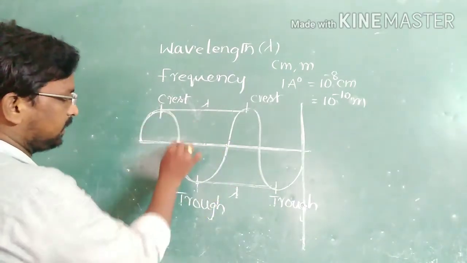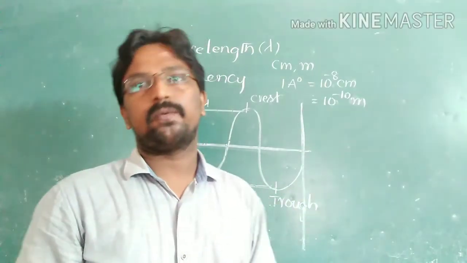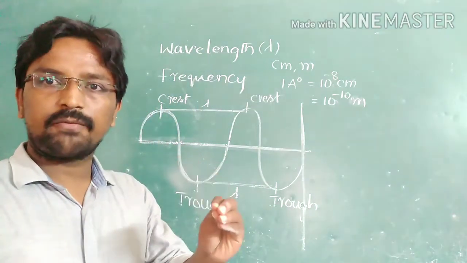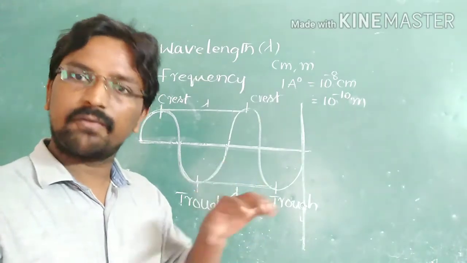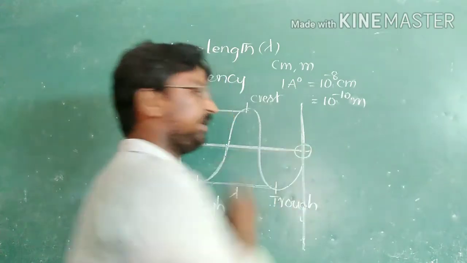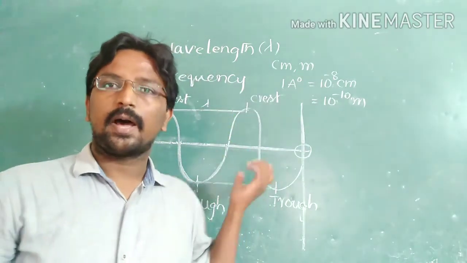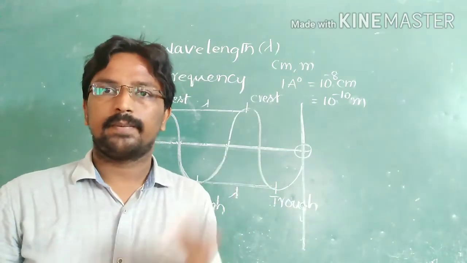A crest and a trough combined form a wave. So frequency is the number of waves, or the number of wave peaks, passing by a given point per unit time.